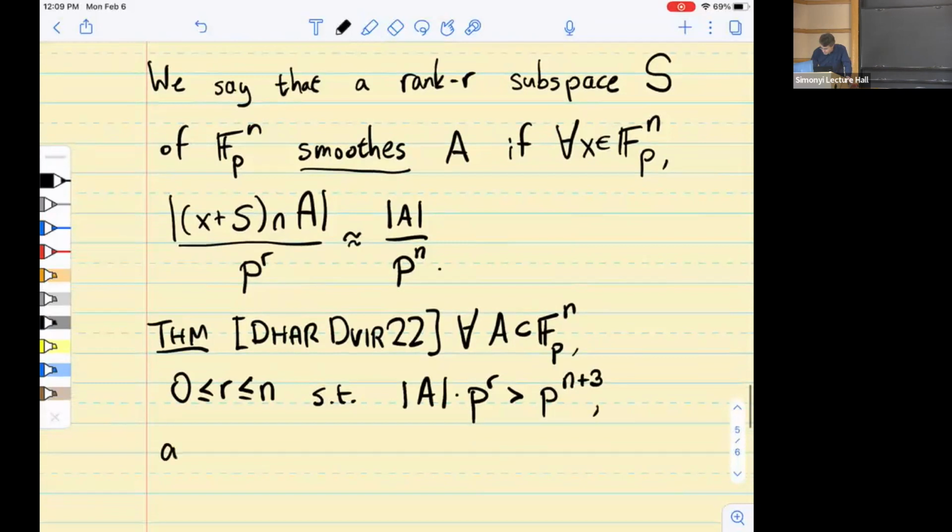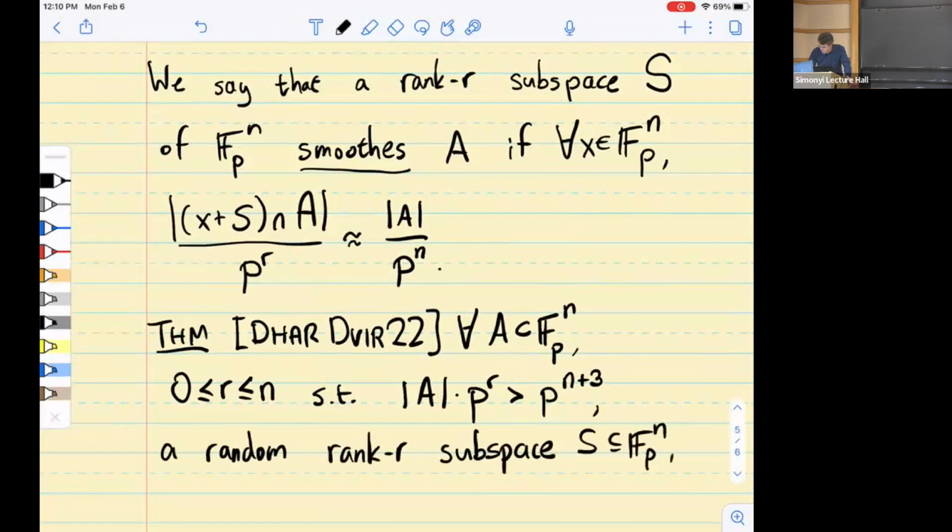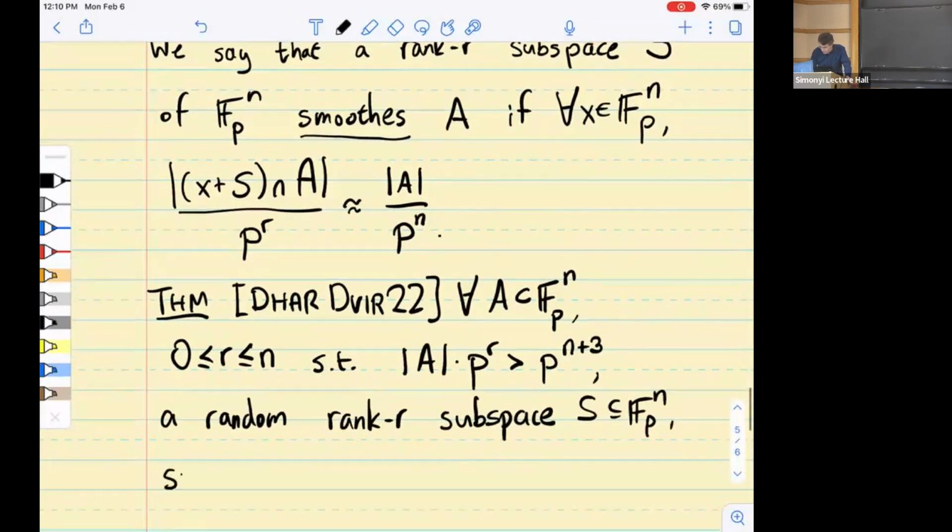It says that if you just take a random rank r subspace S in F_p^n, it's smooth on A with high probability, assuming that p is not too small, provided p should be a little bit bigger than n.